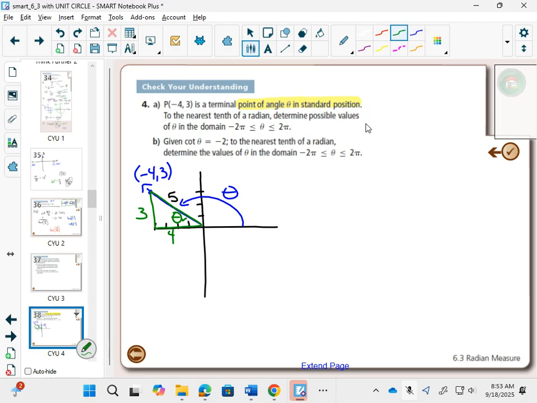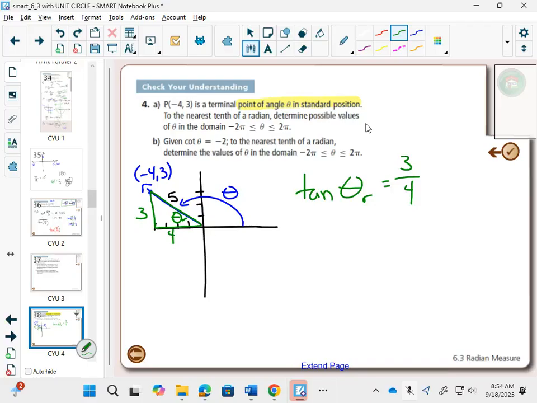I can write out sine, cos, or tan, it doesn't matter which one you use, but if I use tan, tan of my reference angle would be opposite 3 over adjacent 4. You could use cos, you could use sine, any one of them would work. I have tan of my reference angle is 3 over 4.